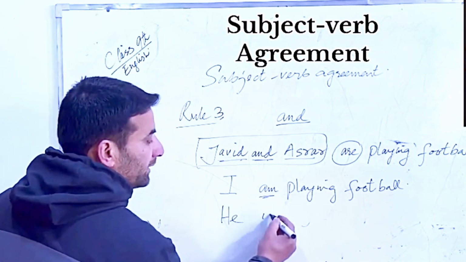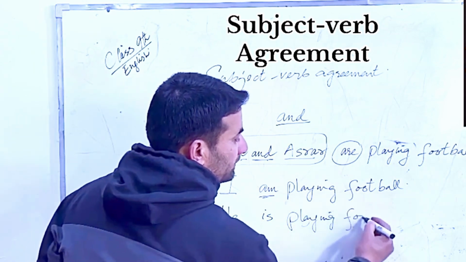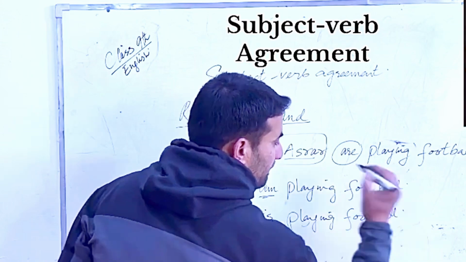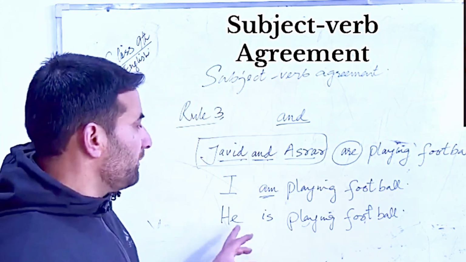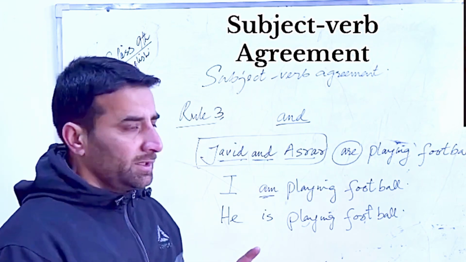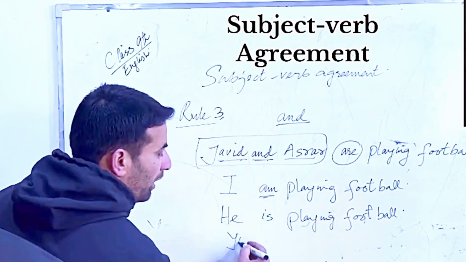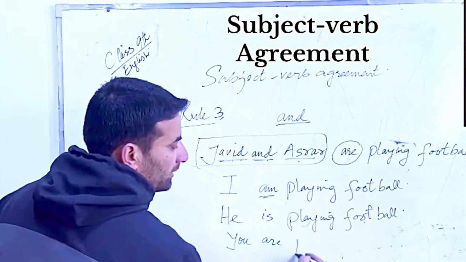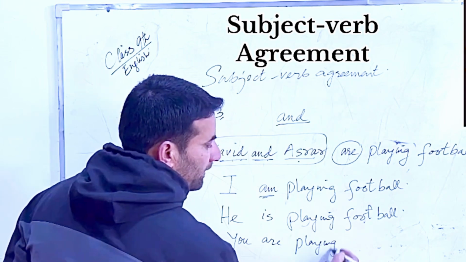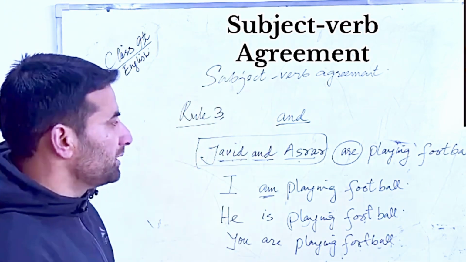He is playing football. And she is playing football. With the first person singular, it is I am playing football. With second person, it is you are. Just like this, Javed and Asrar are. You are playing football.